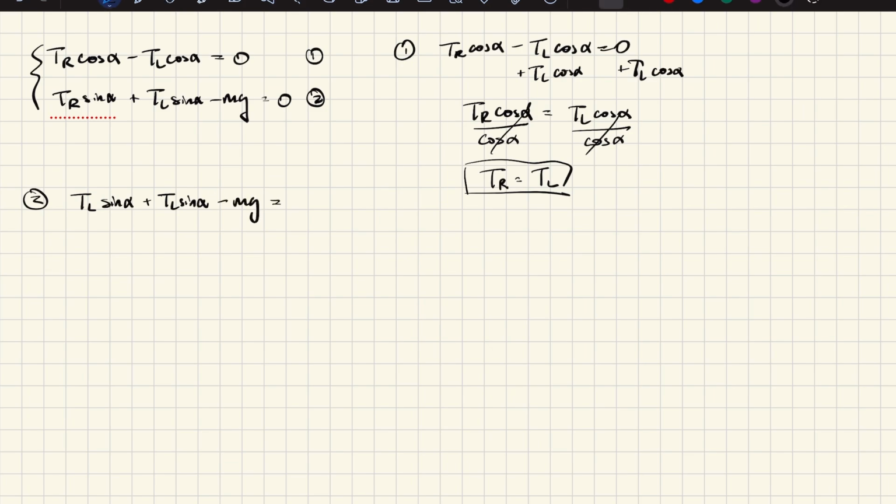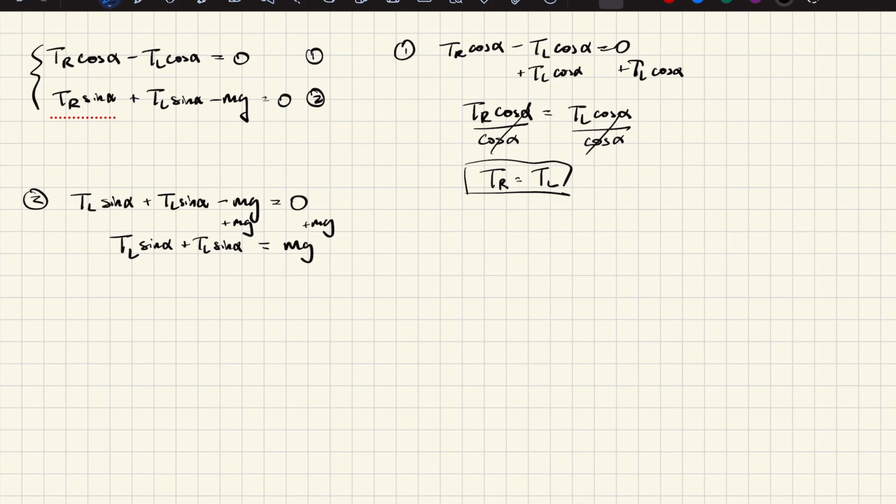minus mg equals 0. Then, because I'm solving for TL, what I'm going to try to do is leave TL on one side of the equation. So let's gather our TL terms. And let's add mg to both sides. So that our equation now reads TL sine alpha plus TL sine alpha equals mg.